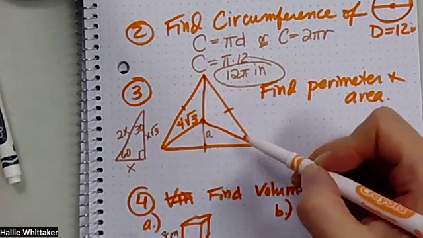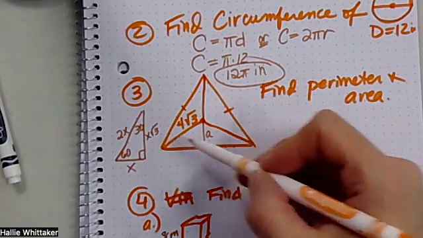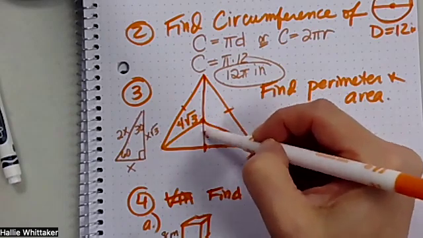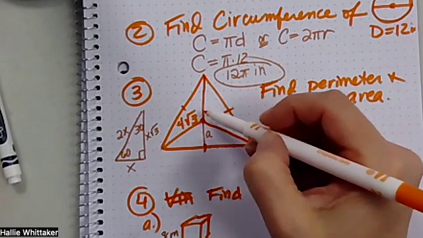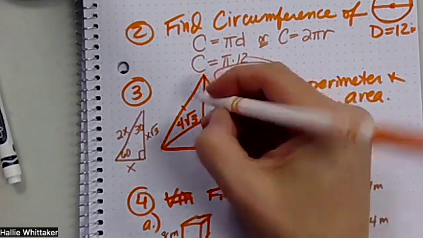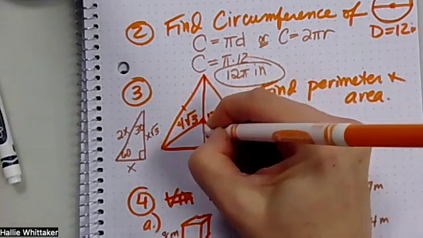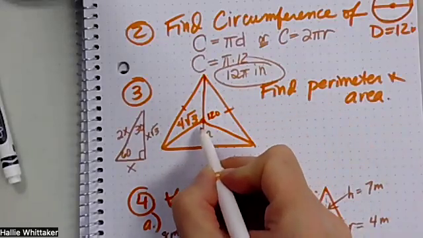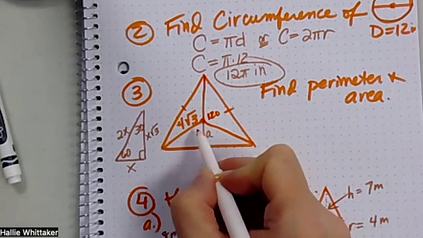But let's say you forgot that an equilateral triangle has three 60-degree angles. Let's think about dividing it up this way. What is 360 divided by 3? 120. So you know each of these on the interior is 120. And if we break this 120 up into 2, what are each of these?